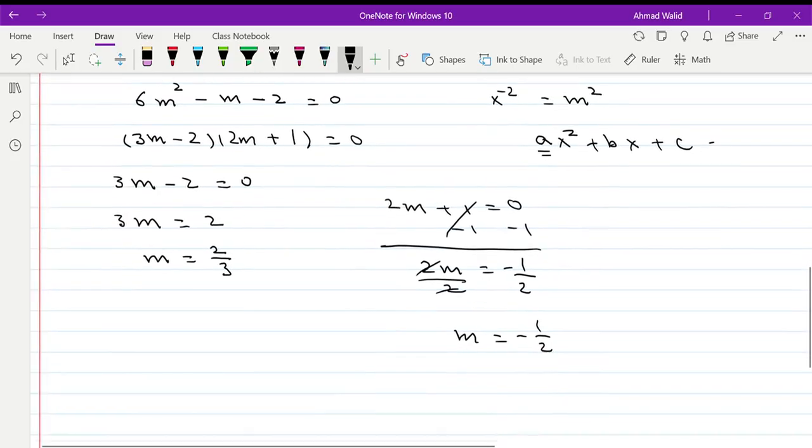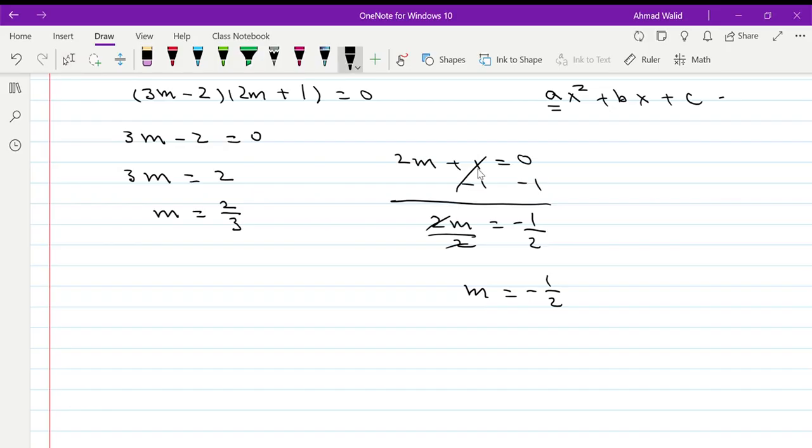Now, replace back m with its original value. What was m? M was x to the negative 1, correct? X to the negative 1 equals 2/3. And here, x to the negative 1 equals negative 1/2. When you have a negative exponent, remember we have a formula.